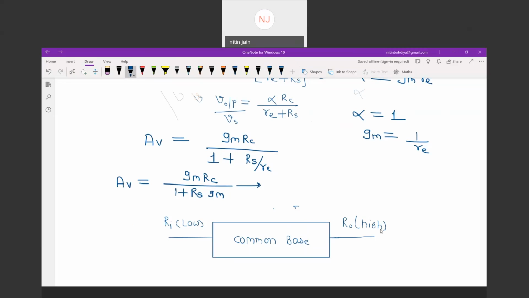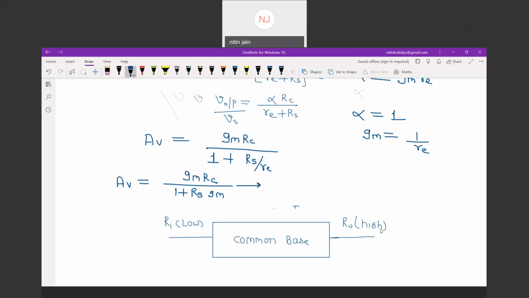Accept a signal at low frequency and deliver it to the high frequency. So this is the fundamental working of this transistor, है ना? अगर मैं ऐसा बोल दूं कि gm into rs is greater than 1, तो कितना हो जाएगा? gm and gm cancel, it's rc by rs. So this is the idea of common base, है ना?